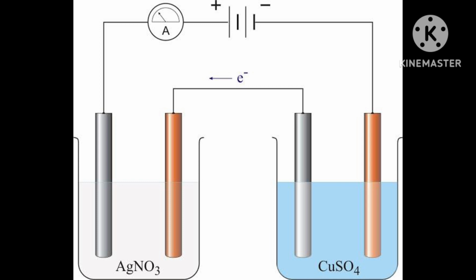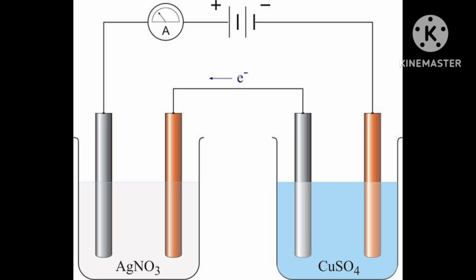Time is equal to 60 into 10, that is 600 seconds. Then the total charge Q is equal to I into T. I is 1.5 ampere and time is 600, so 1.5 into 600 is 900 coulomb.